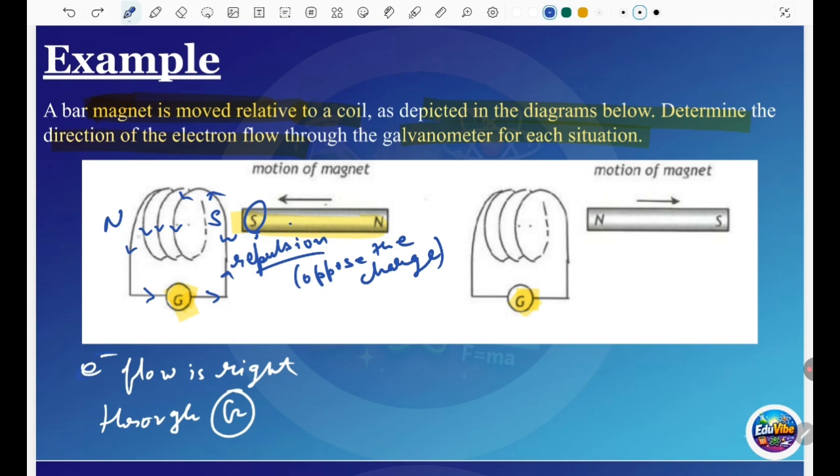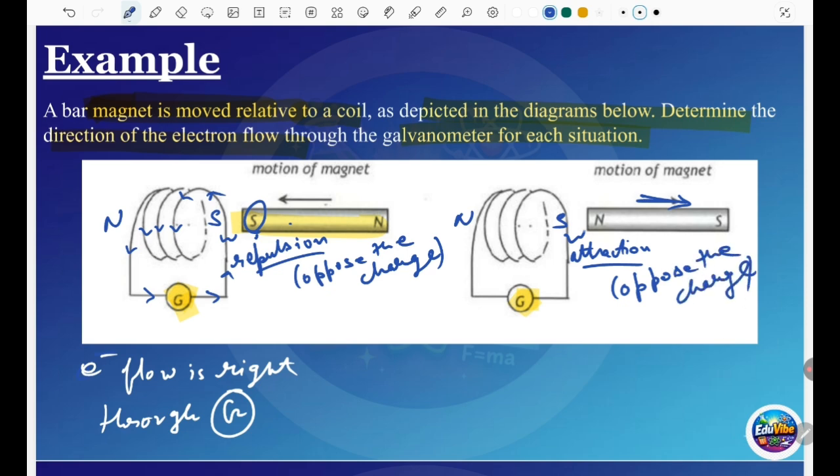Now this is your north, and you always keep north over there and south over there. But now the north goes out. Now it does not go into the coil; the motion of the magnet goes in this direction. This goes to the right, and this is your south and this is your north. And if they go back, attraction will happen because this is north and this is south, and they oppose the change.